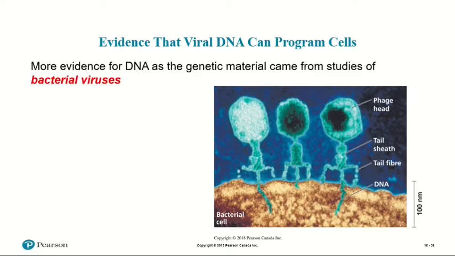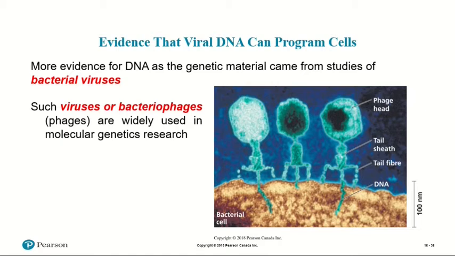So now that we watched the video, we know that more evidence for DNA as genetic material came from a study of these bacterial viruses. Now we know that they have a head, a tail, and tail fibers, and that they also have DNA inside, and they can infect bacteria.